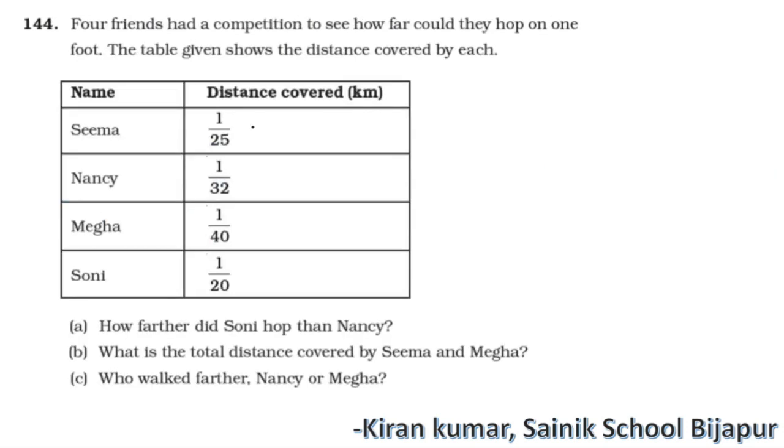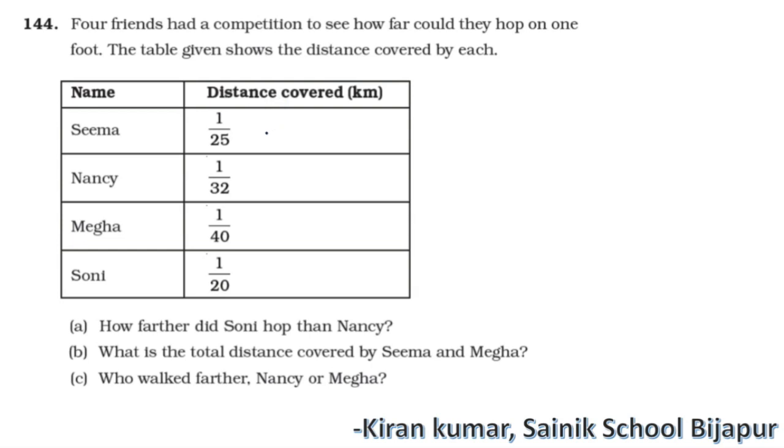Question 144. 4 friends had a competition to see how far they could hop on 1 foot. The table given shows the distance covered by each one of them. The names and the distance covered in terms of kilometer are mentioned here. There are 3 sub-questions.